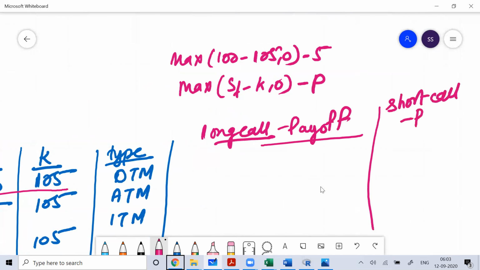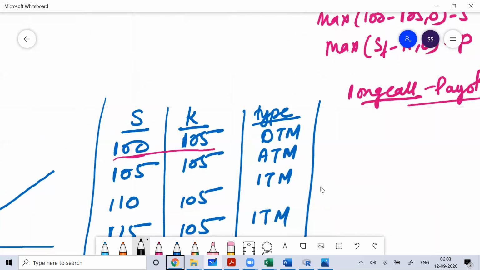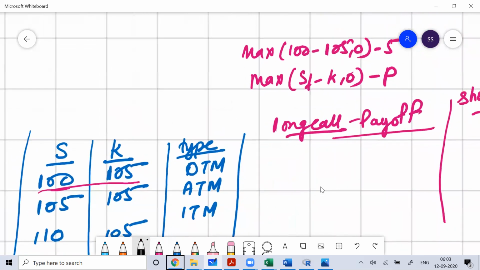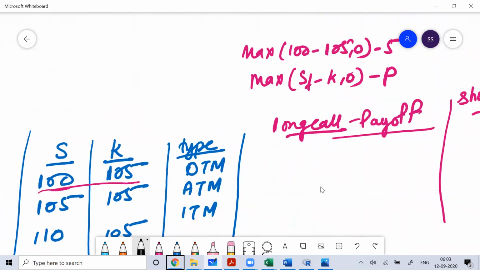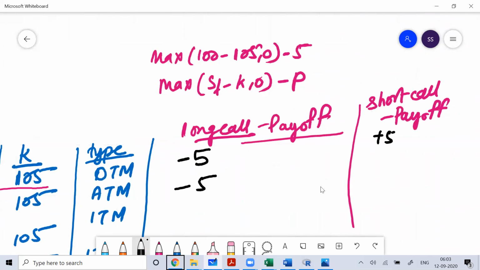Till that time the long call will not exercise, and the short call would be enjoying the premium. So this is 0, this is minus 5. Whatever is the loss of the long position holder is the profit of the short position holder.